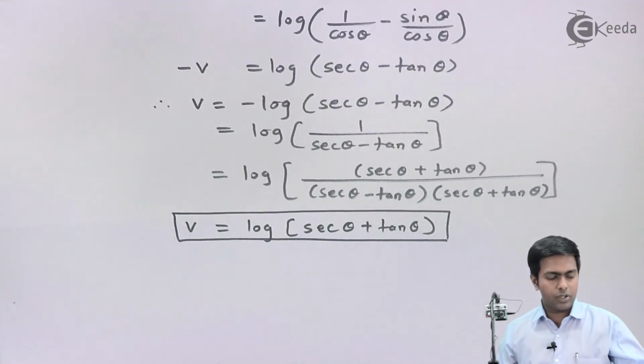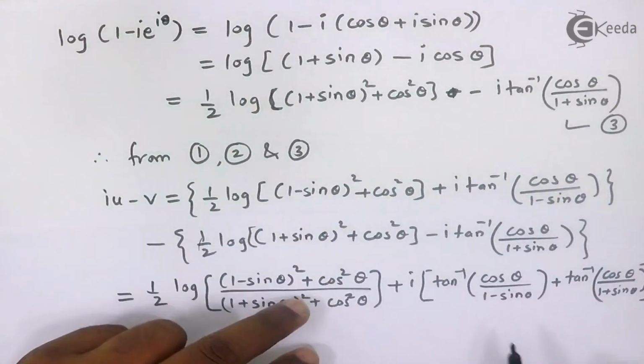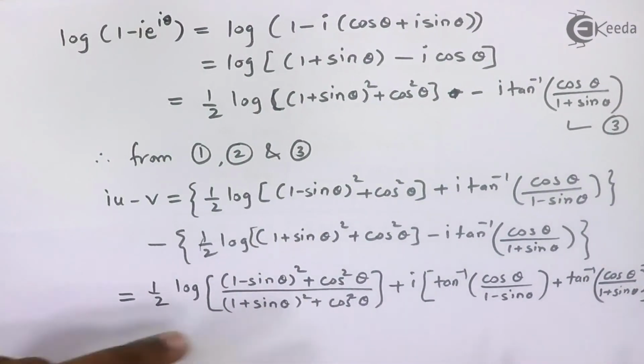Now let's come to the second part. Now here the second part is tan inverse of this first bracket plus tan inverse of this second bracket.